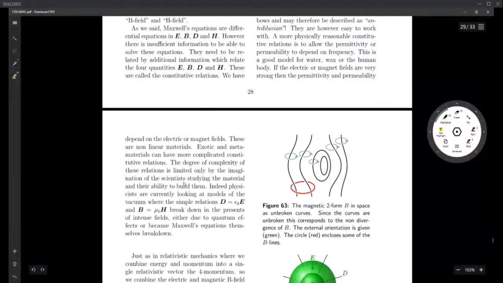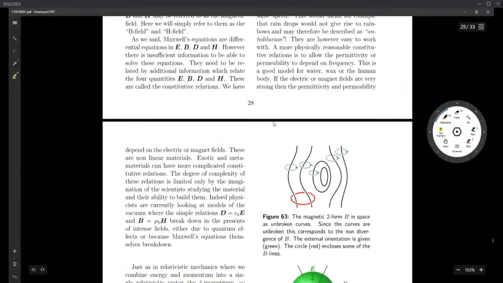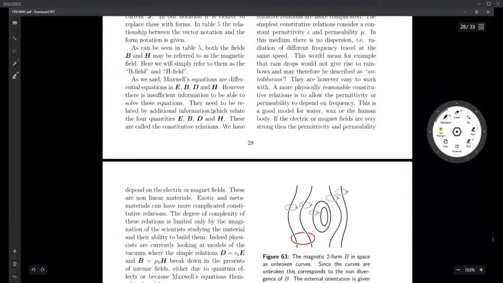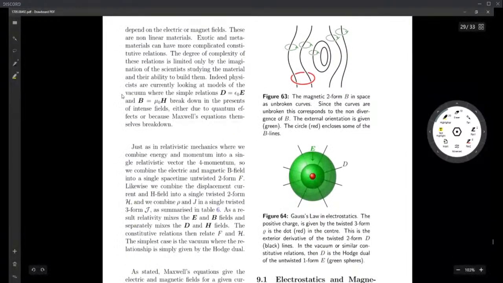But again, there is a degree of complexity when it comes to Maxwell's equations. The reason is because they are linear equations. Even if you take up any electromagnetism textbook, you're looking at toy models most of the time.